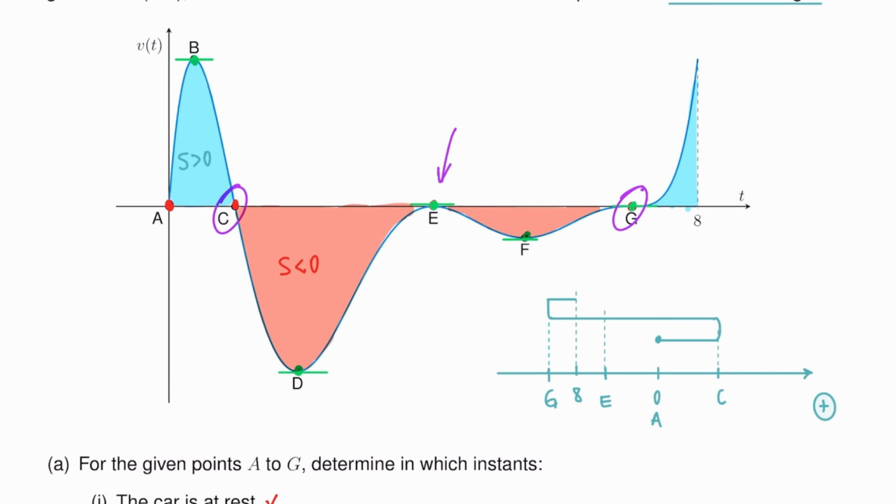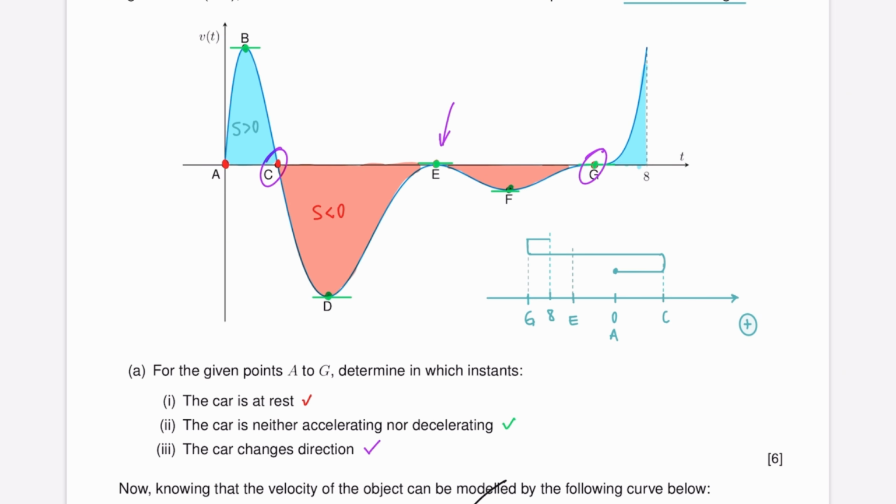Now it looks like he's the furthest away from the origin at point G, but let's make sure that's the case. Remember that this is the function of velocity, which means that we have t-intercepts at 1, 4, and 7. How do we know that? Well, if you take this function and make it equal to 0, that's exactly what you find as solutions: t equals 0, 1, 4, and 7.